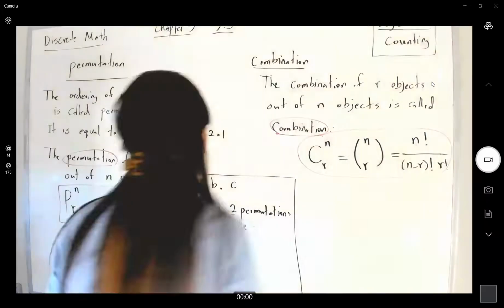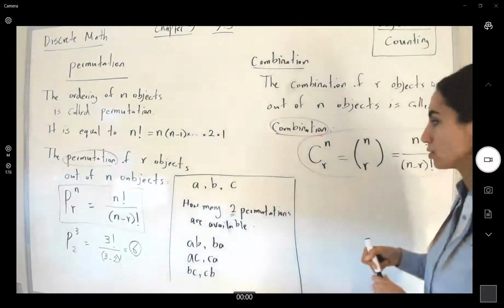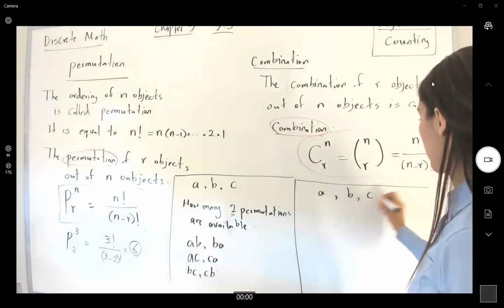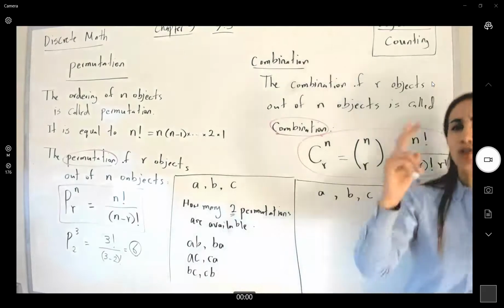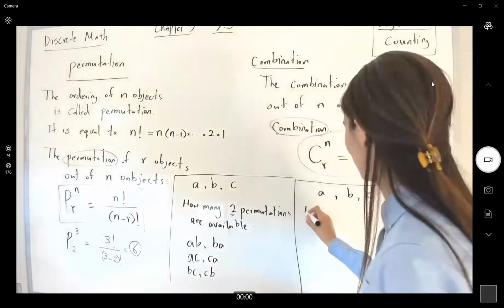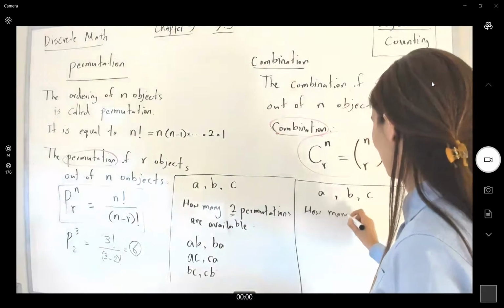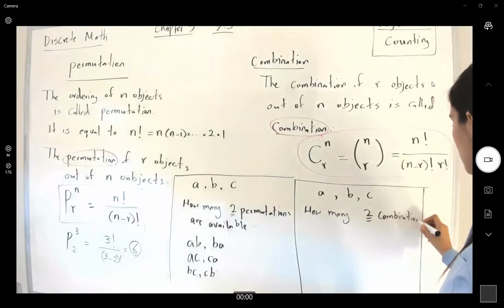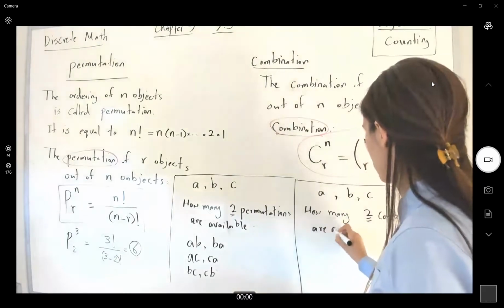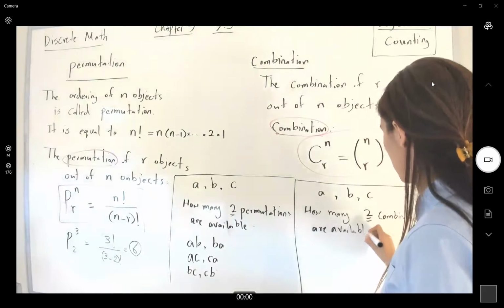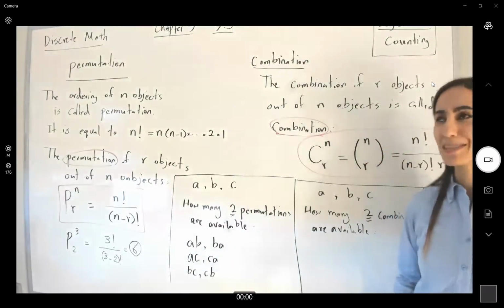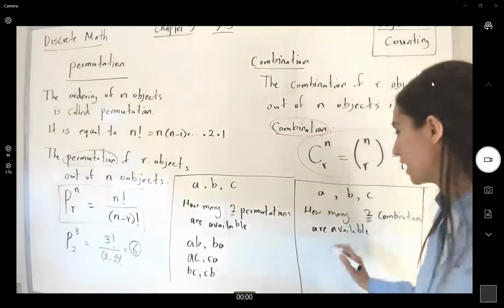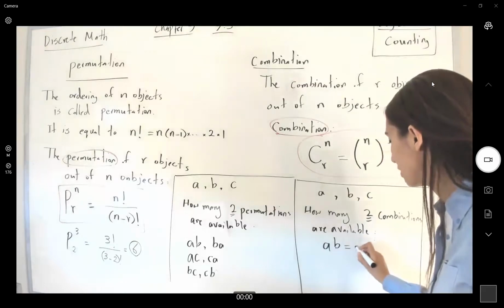So if we get back to the previous example, and I asked you, hey, you have three objects, A, B, and C. How many two combinations are possible? Ordering is not important for us. It doesn't matter if A comes first, B comes second, or if B comes first, A comes second. AB and BA are the same thing.